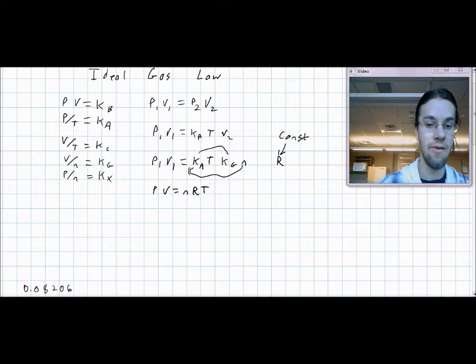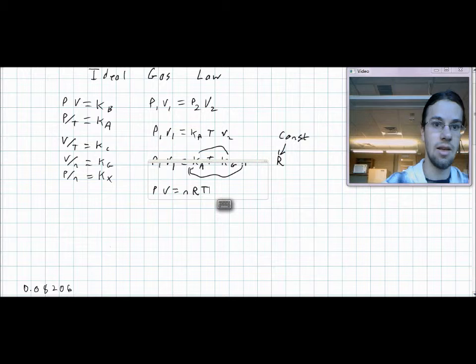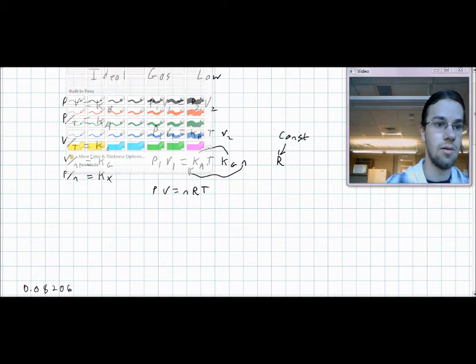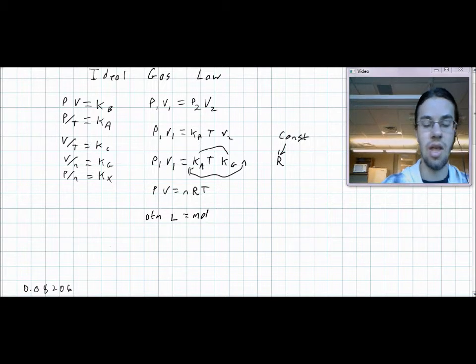Now, what we have is R is that constant, and everything has units in this. What those units are is, if we put pressure as a unit of atmospheres, volume as a unit of liters, and then on the other side of the equation, moles is always in the unit of moles.